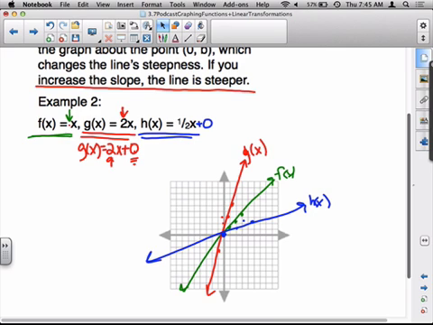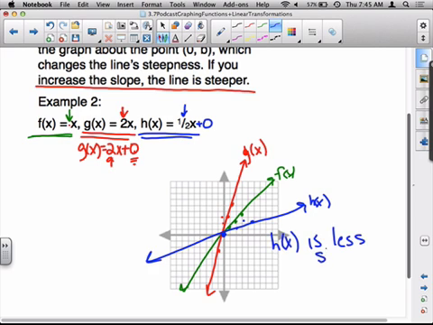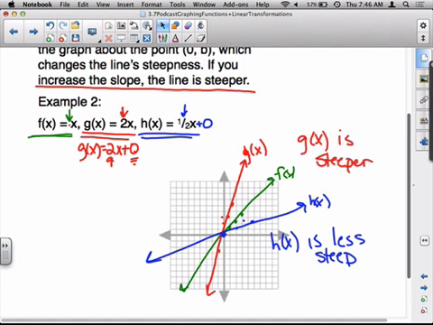Now just the opposite, if you decrease the slope up until you get to 0, the line becomes less steep. So h of x is less steep, and g of x is steeper. Okay?